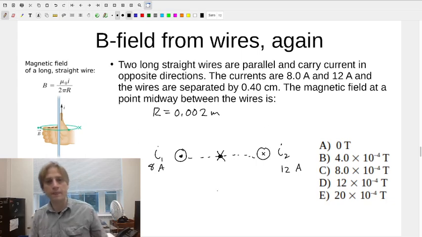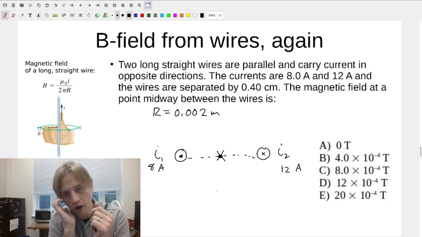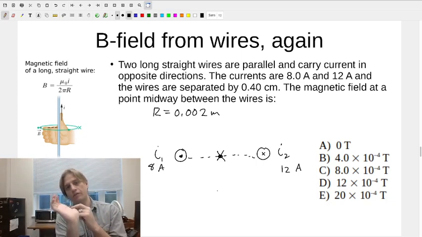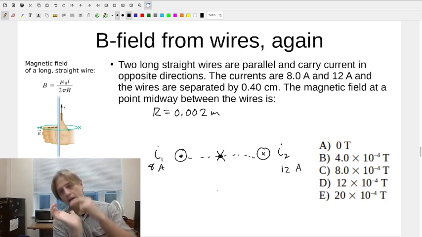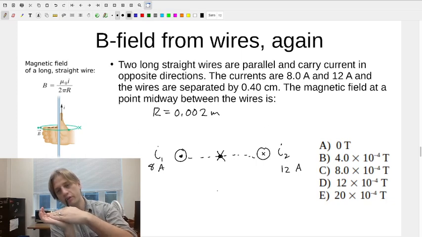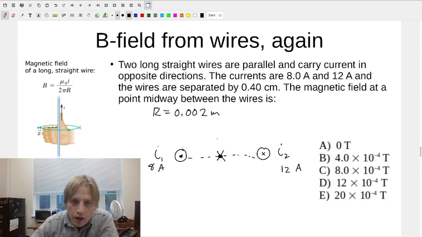Okay, now, what direction is the magnetic field contribution from wire 1 going to give us? Well, if I have my thumb pointing out of the page, and then I put my palm of my hand towards the point of interest, my fingers will point up, and so my magnetic field contribution from that 8 amp is pointing like this, B1.